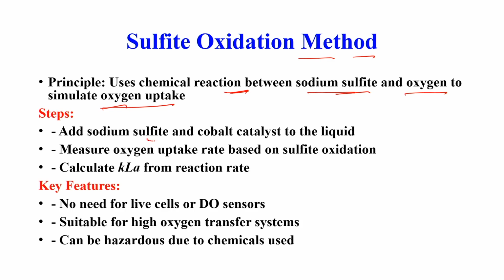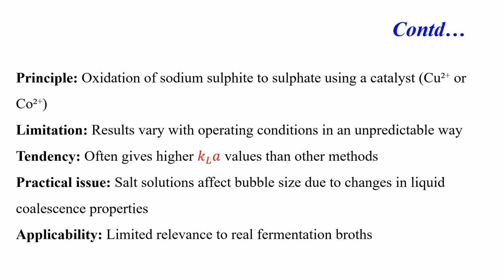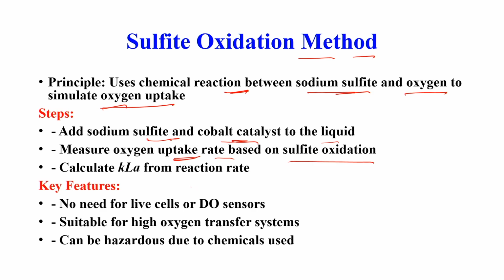So, we add the sodium sulfide and cobalt as a catalyst to the liquid, and measure the oxygen uptake rate based on the sulfide oxidation. So, we can measure the concentration of either the sulfide or the sulfate, and then calculate KLa from the reaction rate.